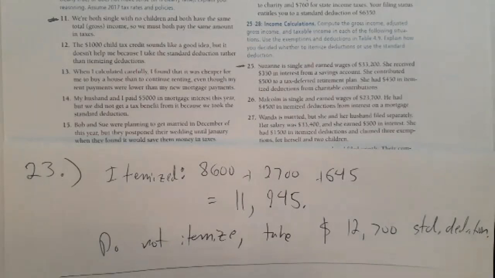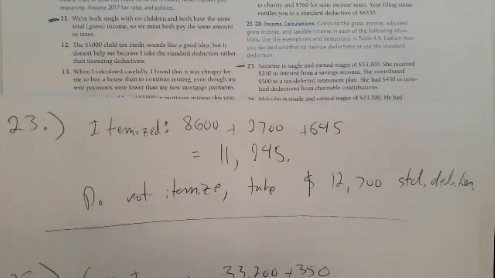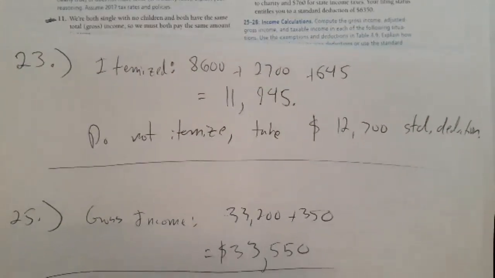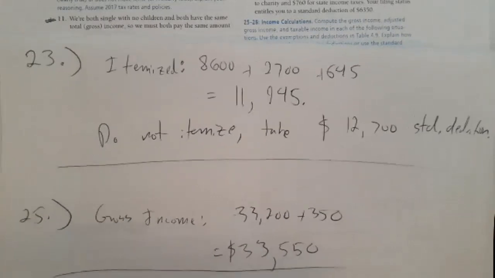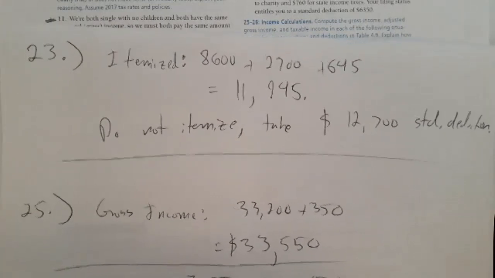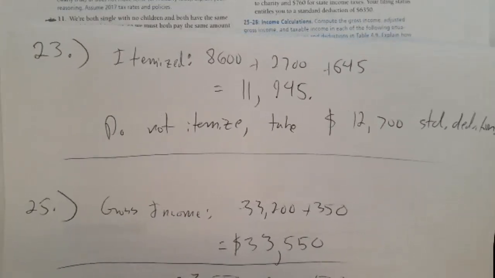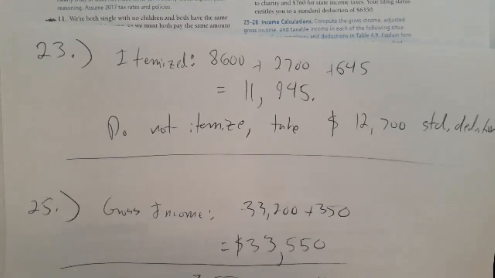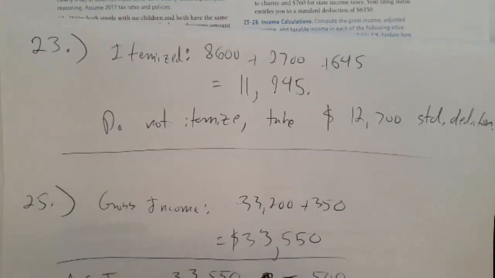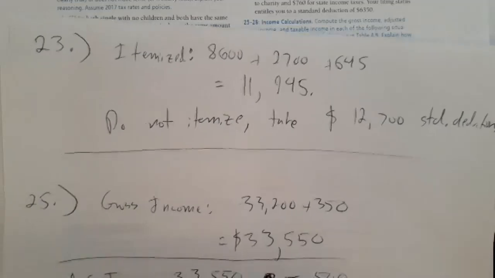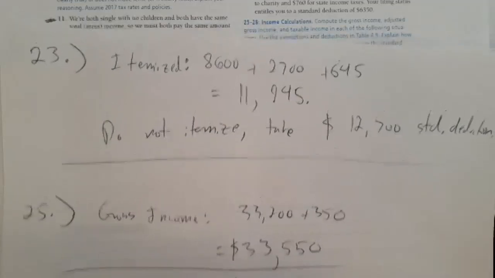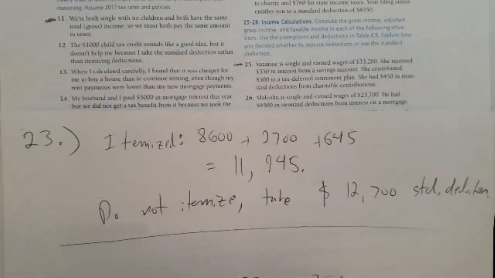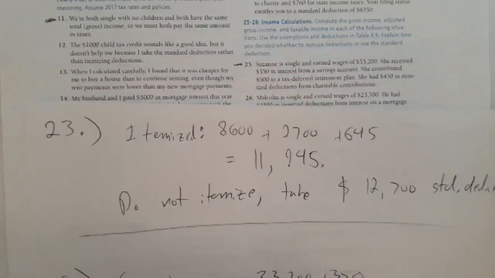So her gross is 33,550. Yep, we're adding those two numbers to get the 33,550. And then the adjusted gross, you have to subtract your adjustments. So the 450 is charity.